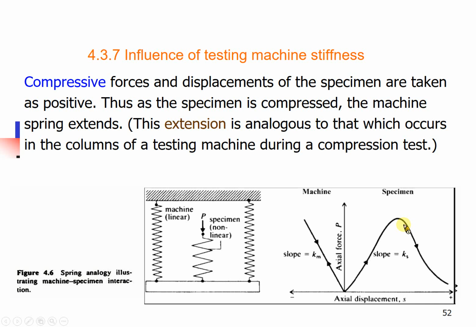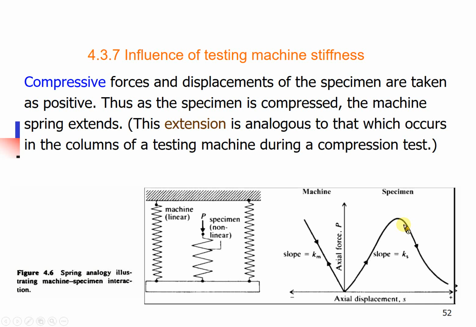So the slope will be very large in this part. If you have a stiff machine, it could be like this. The stiffness of the machine will be like this. So when the displacement makes the rock stress drop from 100 to 90, the machine has the capability to drop from 100 to 85.